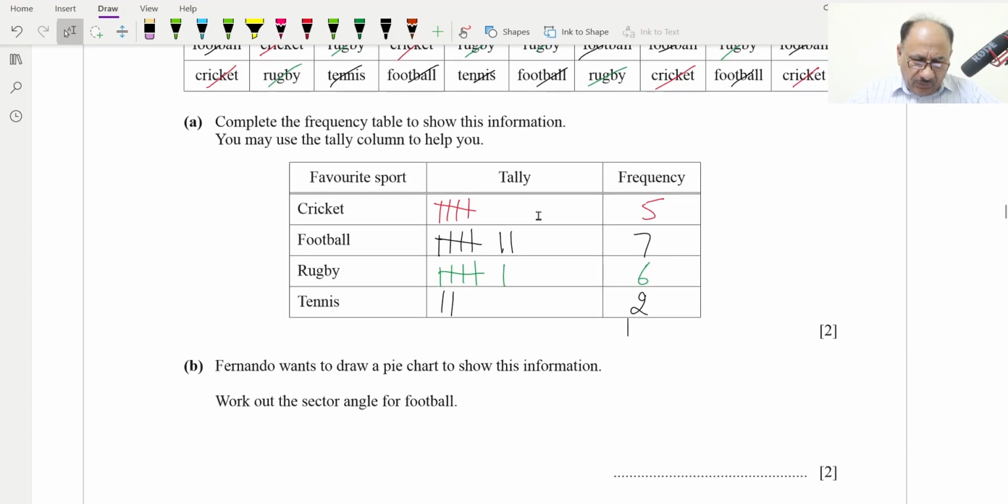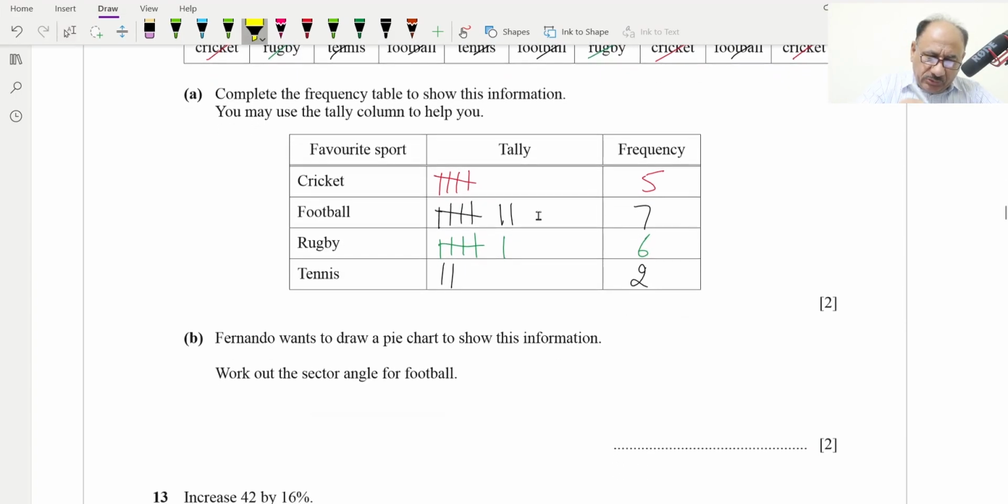Now Fernando wants to draw a pie chart to show this information. Work out the sector angle for football. The sector angle for football is 7 out of the total, which is 20.